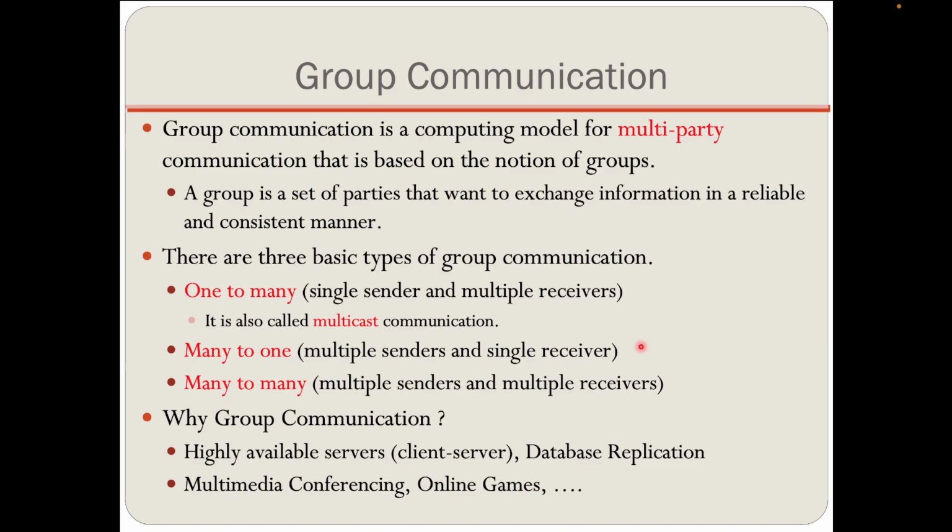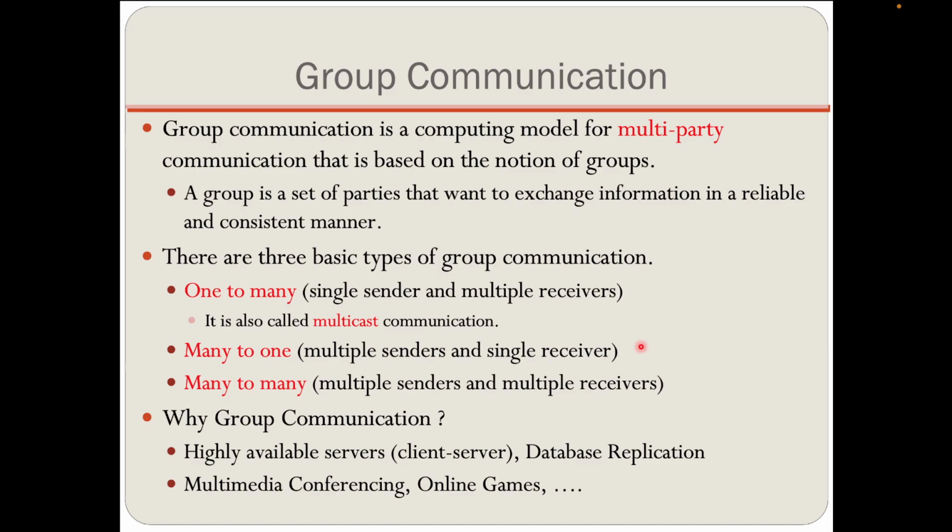Until now, the communication we have been talking about is one-to-one communication. That means a sender with a particular receiver, and the communication happens only between these two entities. But some applications may require messaging among a set of processes instead of two processes. This we call group communication.